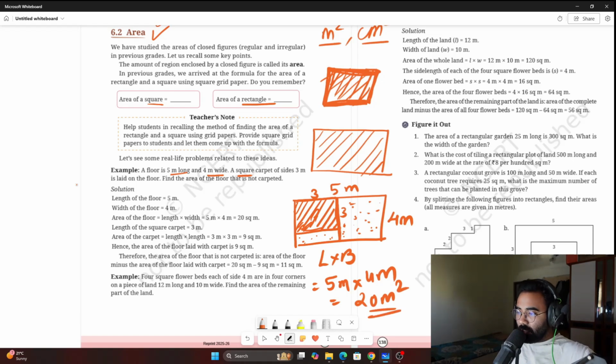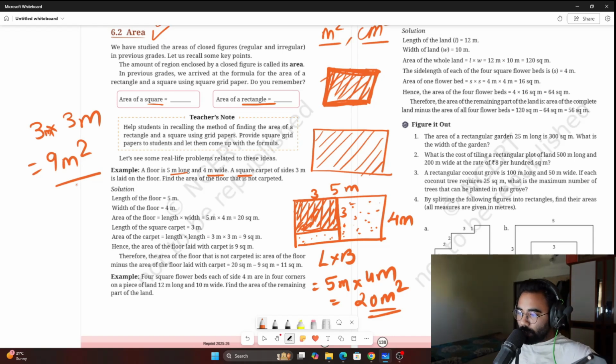All right, now this is the total area. Now let us calculate the area that was covered by the carpet. How will you calculate that? The area covered by the carpet is this. That is the area of the square. What is the area of the square? Area of the square is 3 meter multiplied by 3 meter. That should give you 3 3 is 9 meter square.